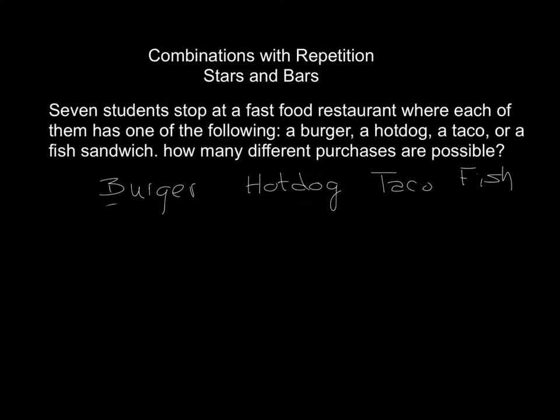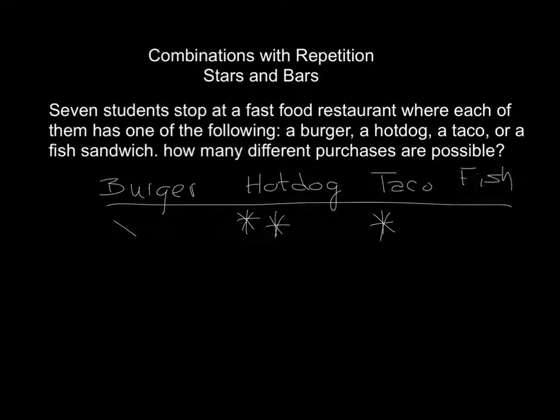You take these orders on a pad of paper where you have the items, burger, hot dog, taco, and fish sandwich written. As someone orders them, someone might say they order a hot dog, and you're going to put an asterisk in that category. The next person might order a taco, the next person a hot dog, another person orders a burger, then a fish sandwich. This is 1, 2, 3, 4, 5, 6, maybe one more order, 7.